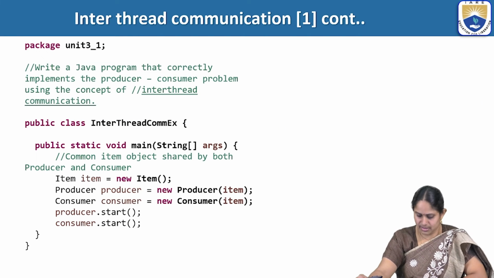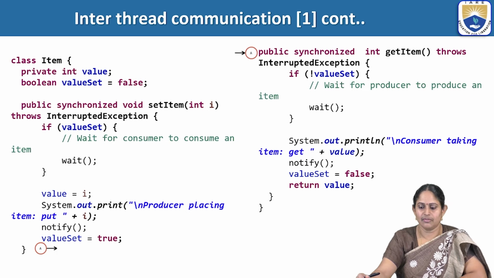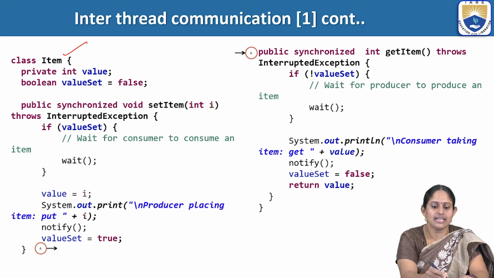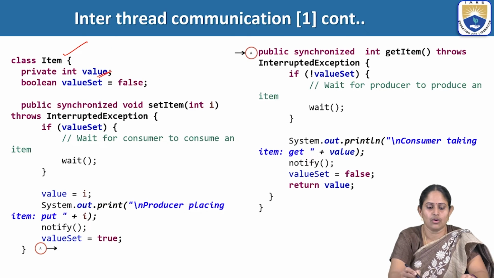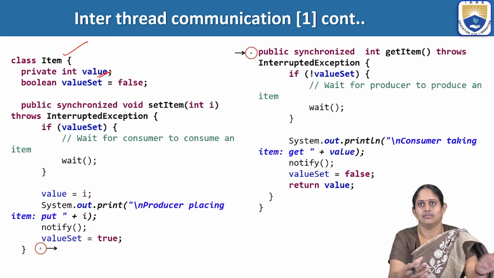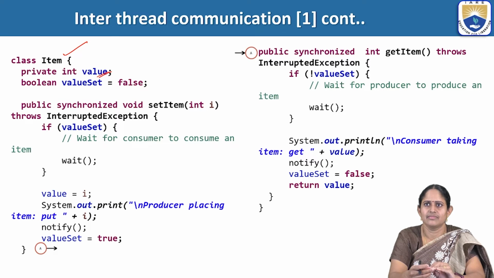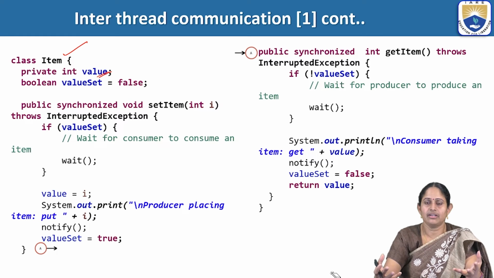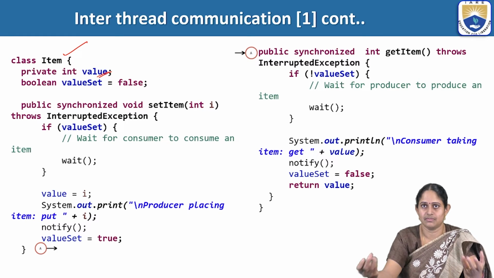So we have our buffer, or our item, represented by the class Item, wherein it has a variable called value, which indicates the buffer or the data to be stored.